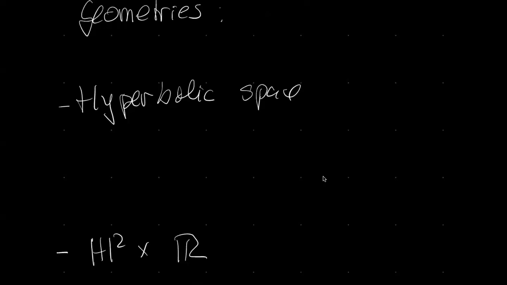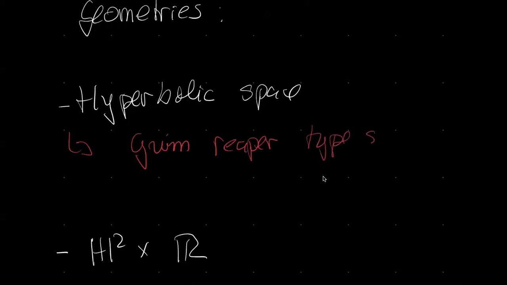I wrote the references because otherwise I'm gonna forget, but let me tell you a little bit what people do in these cases. So here you have Grim Reaper type solutions, rotationally symmetric. You cannot rotate in every direction here, but there are some that you can.